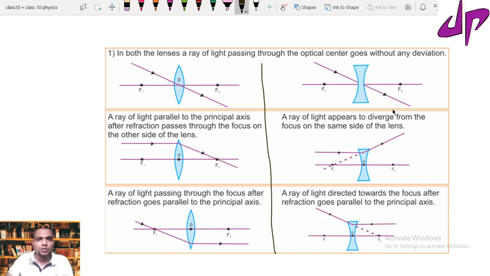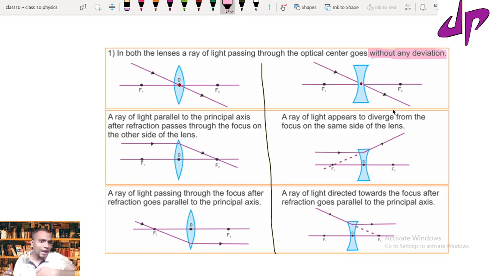The first rule is the same for both. If a light ray passes through the optical center, as you can see in this first diagram on both left and right, and the optical center I defined as the mid portion of the lens, then it does not deviate.